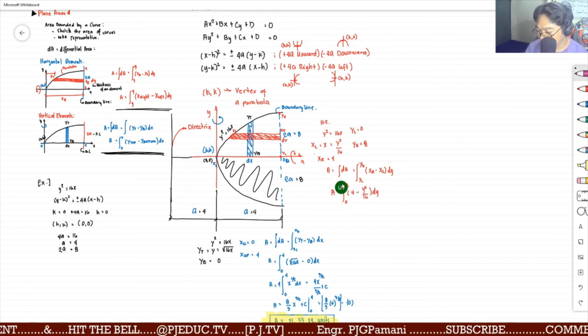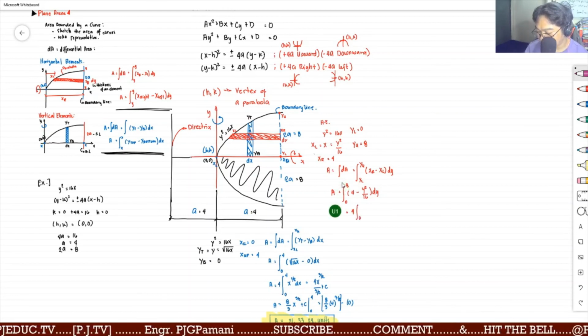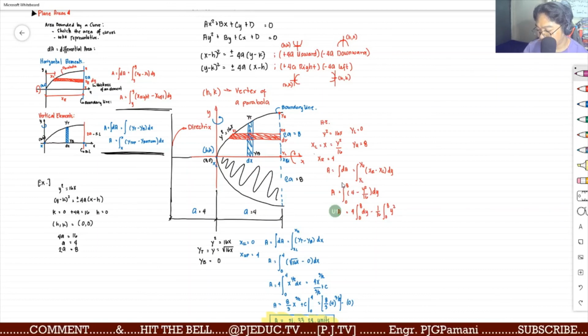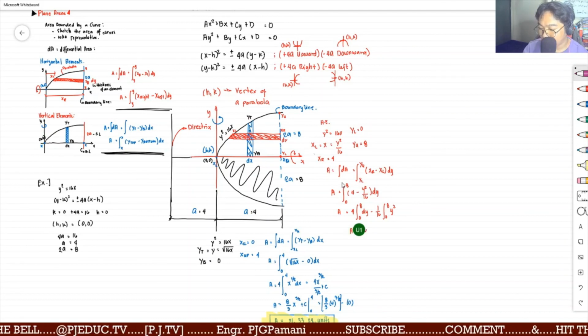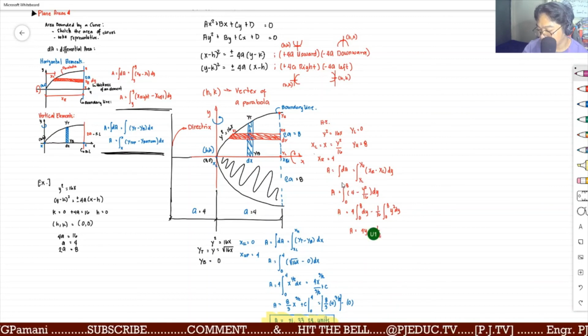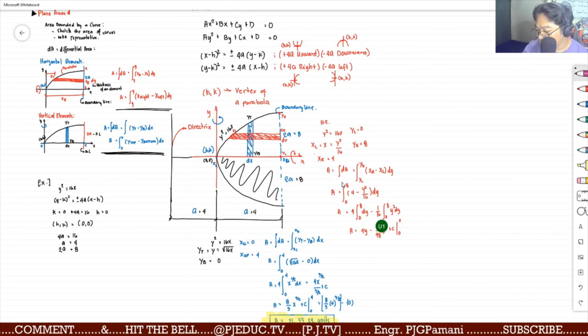So lahat na in terms of y. Distribute lang natin, that is 0 to 8 dy minus 1/16 integral of 0 to 8 y squared. Basic, apply your knowledge with integral formulas for y minus 1 y cube over 3 times 16, 48 times y cube plus c. Apply your upper and lower limits.